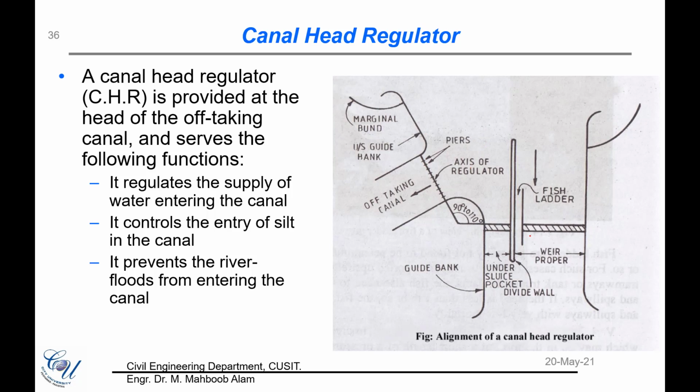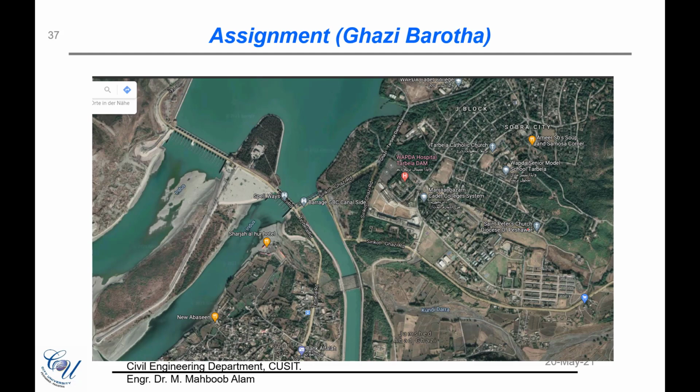We have this divide wall, the fish ladders, and then the proper weir is installed in this particular area. So the canal head regulator is provided at the head of the off-taking canal. This is our off-taking canal, and this is our head regulator installed here. The head regulator ensures that the water entering into the canal is of a particular amount, so any particular discharge of water is maintained because of the head regulator.